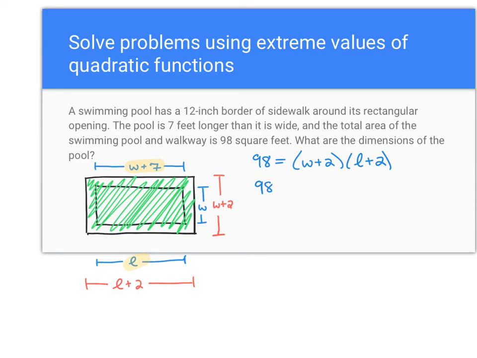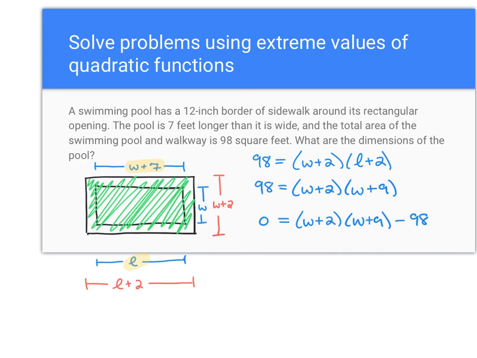So 98 is W plus 2 times W plus 9, right? Anyway, we're replacing L with W plus 7, so it's W plus 7 plus 2, W plus 9. So then we've got 0 equals W plus 2 times W plus 9 minus 98.